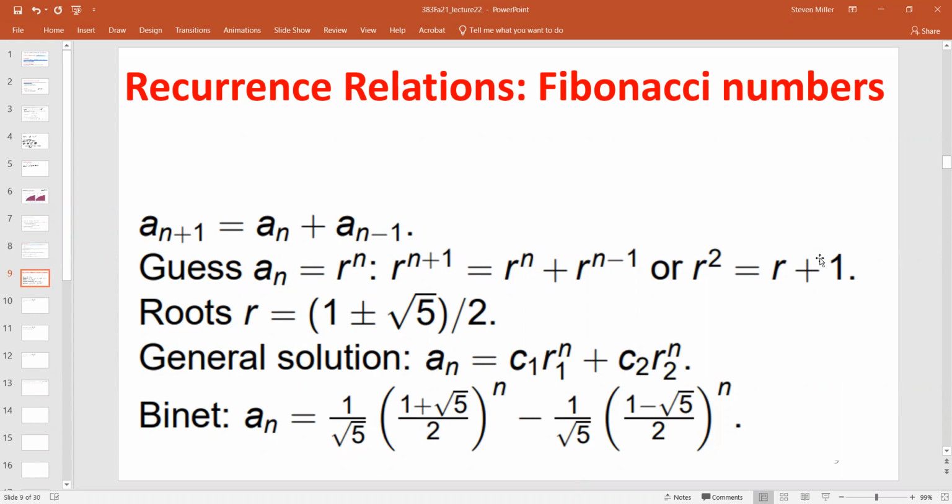So let's guess that the answer is r^n. This is a reasonable thing to guess because we know a_{n+1} is less than or equal to 2a_n, and it's going to be greater than or equal to 2a_{n-1}. So what this is telling us is that a_n is growing slower than doubling. Every time you increase n, you more than double. And every time you decrease the index by 2, you go down by a half.